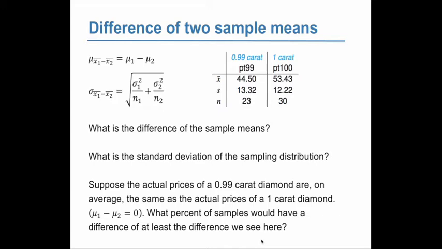So what's the difference of the sample means? So 44.5 minus 53.43 is going to be negative 8.93.